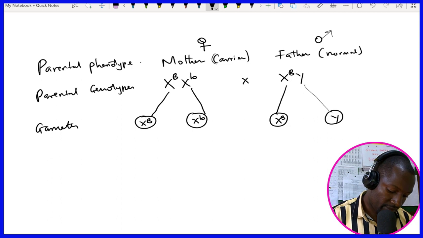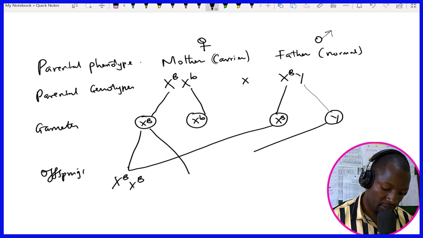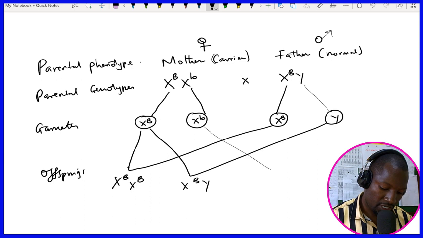So the offspring shall have first this one, which is X. Then we shall have the second one, then another one.